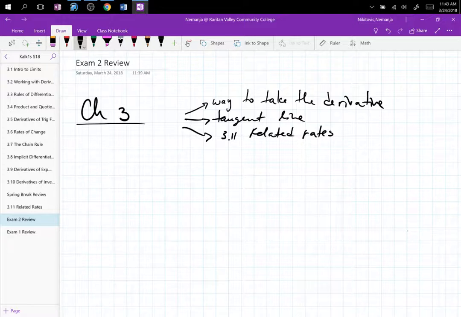So all of that stuff stuffed in the first line. Just here's a function, take the derivative of it, right? The second line utilizes the first line to find the derivative to get the slope. And the third one, related rates, which utilizes implicit differentiation.